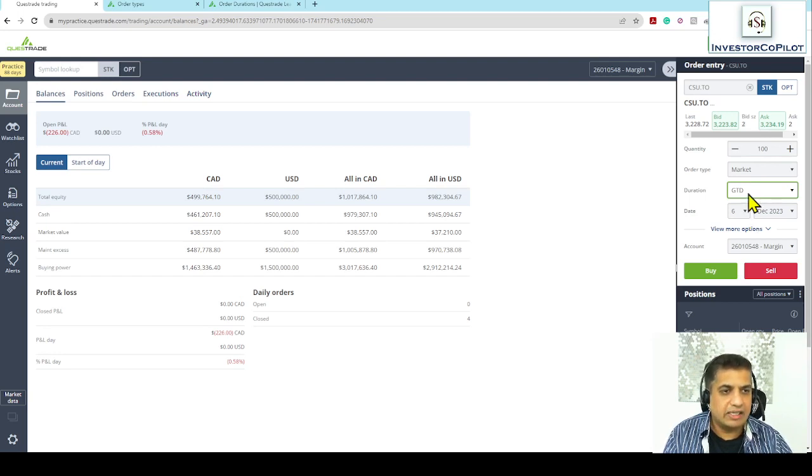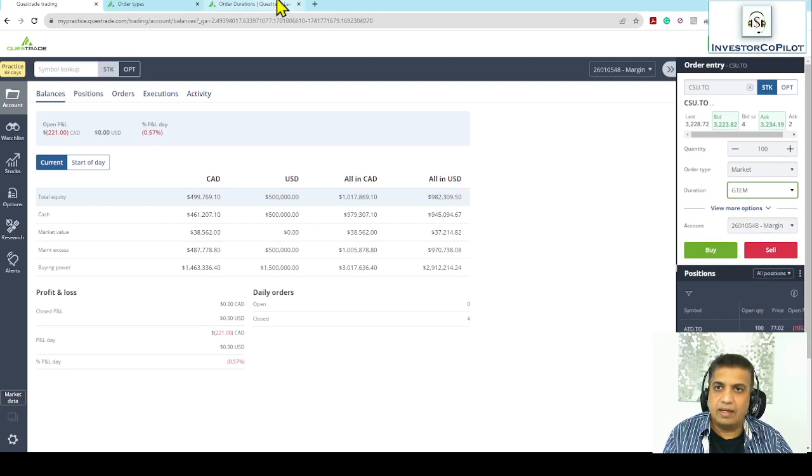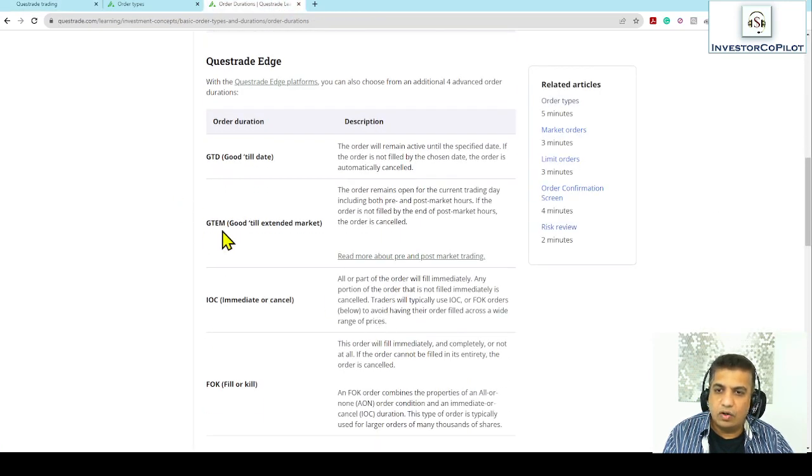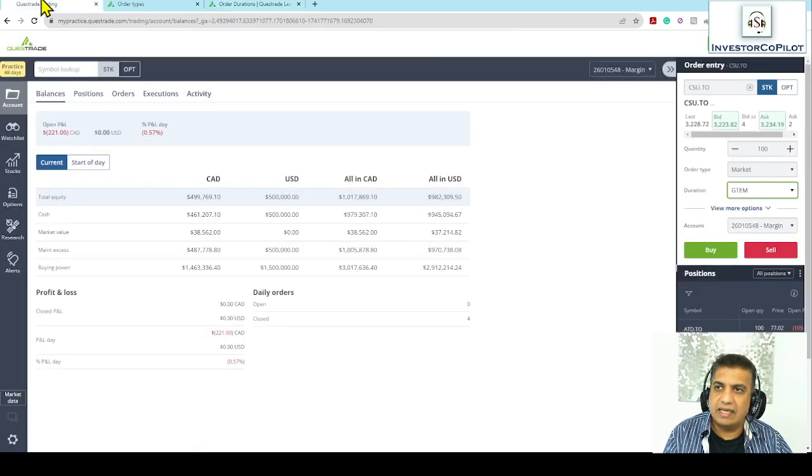So that is GTD. Okay, we have GTEM. Let's look at that. Good till extended market. The order remains open for the current trading day, including both pre and post market hours. If the order is not filled by the end of post market hours, the order is cancelled. So that is the GTEM order.